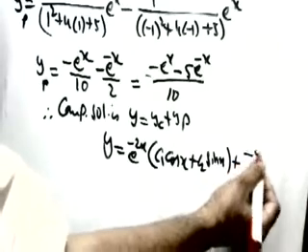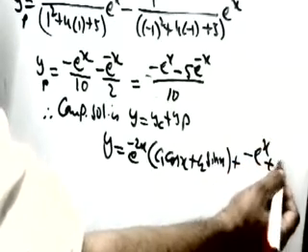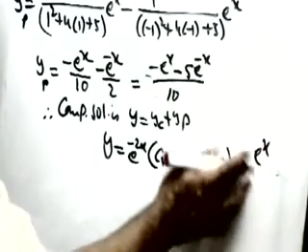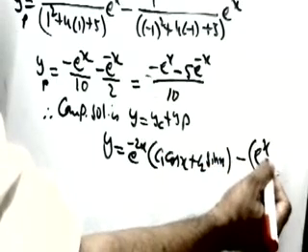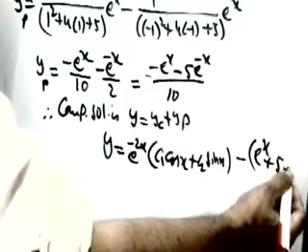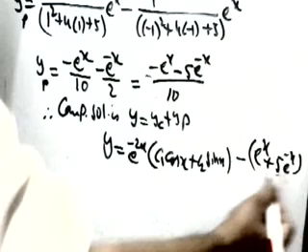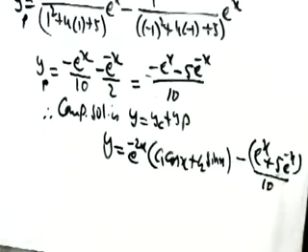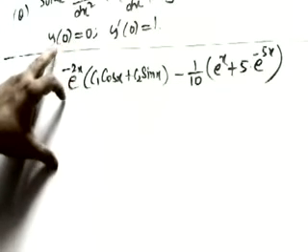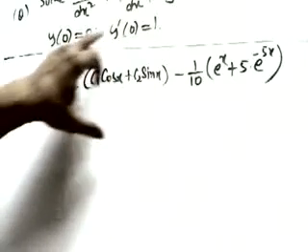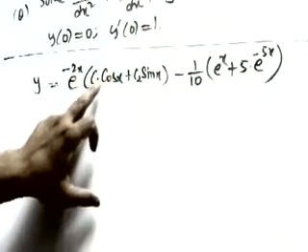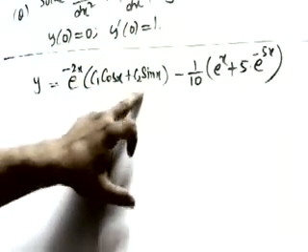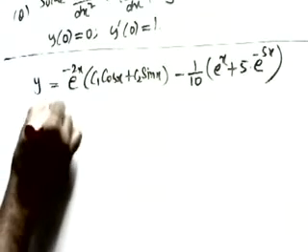Now we got yp here, minus of e power x plus 5 e power minus x by 10. Now we have to find c1 and c2 by using the values. There are two conditions given, y of 0 equals to 0, y dash of 0 equals to 0. Using these two conditions, we have to find c1 and c2.